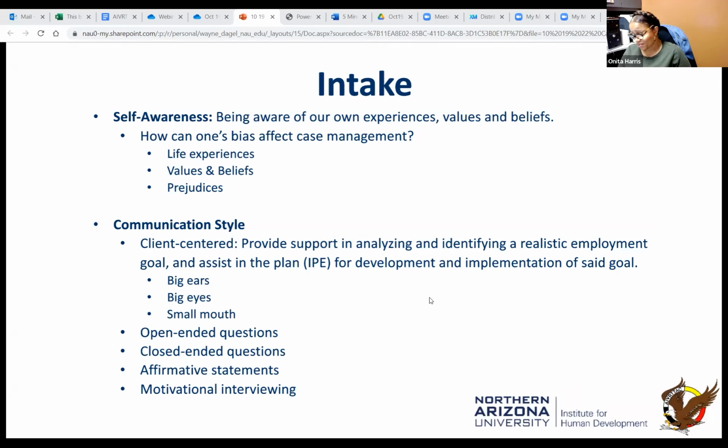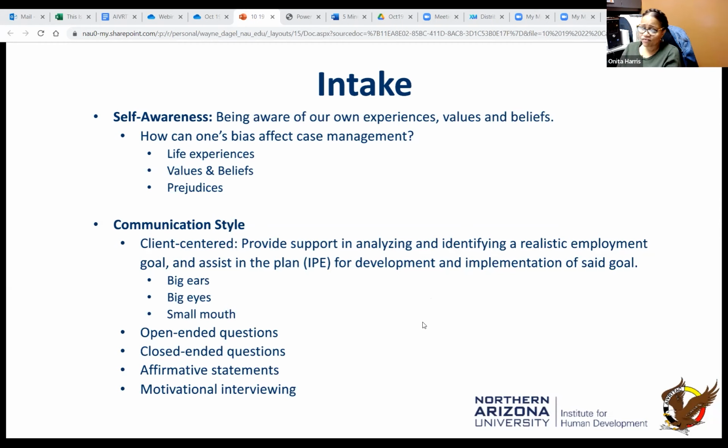So, affirmative statements. Affirmative statements are statements that provide confidence and assurance to individuals when you're working with them. A lot of us in VR are working with individuals who may have had a pretty rocky past, or who have had some traumatic experiences, and they may not necessarily have gotten a lot of positive affirmations through life.